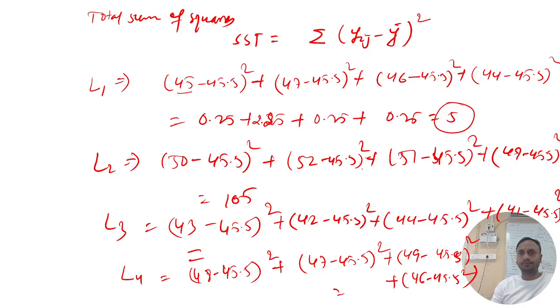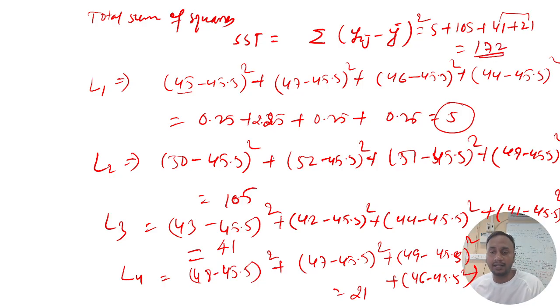It will come to 21. L3 will come to 41. So the value is 5 plus 105 plus 41 plus 21. If you calculate, it is 172. Is it clear till here?